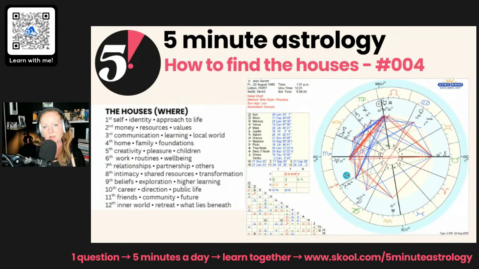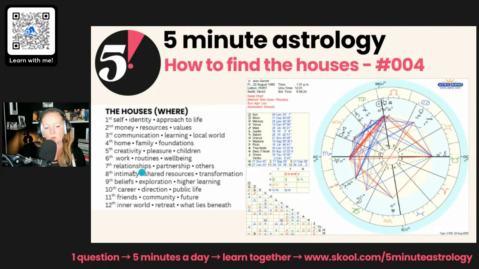Another thing to notice and observe about the houses is that they work in pairs. So for instance, where one side of the chart, like here, we've got the first house and we've got the seventh house, that is the equal and opposite. Like these are working together. The fourth and the 10th are working together. So the first house is all about you and yourself and identity and approach to life.